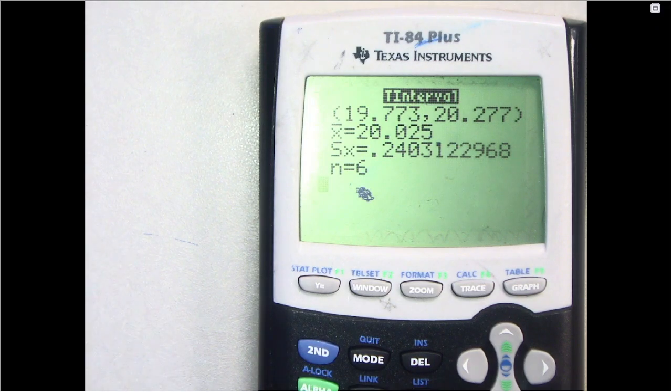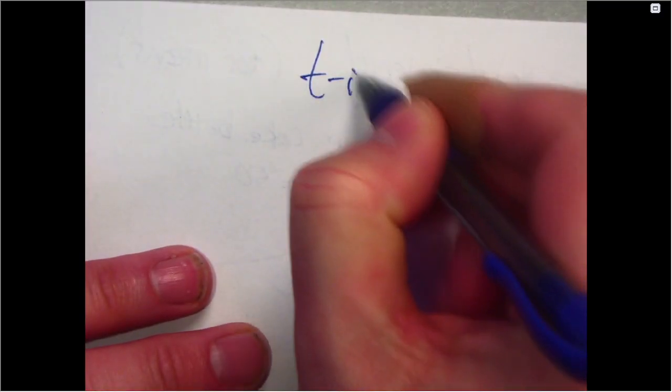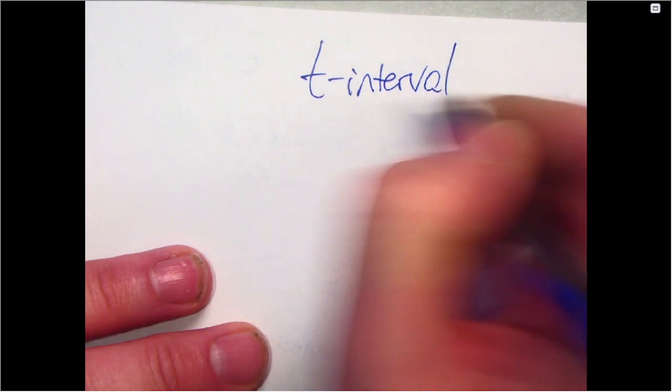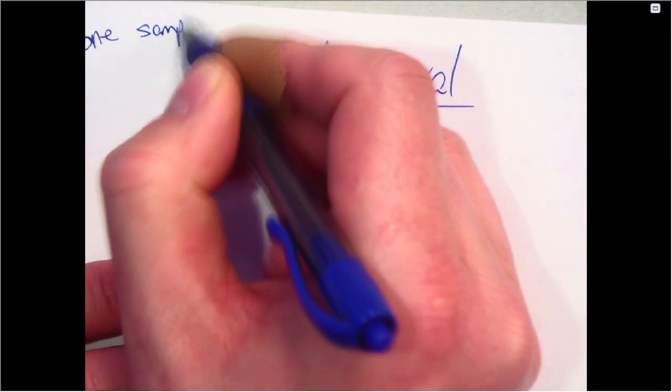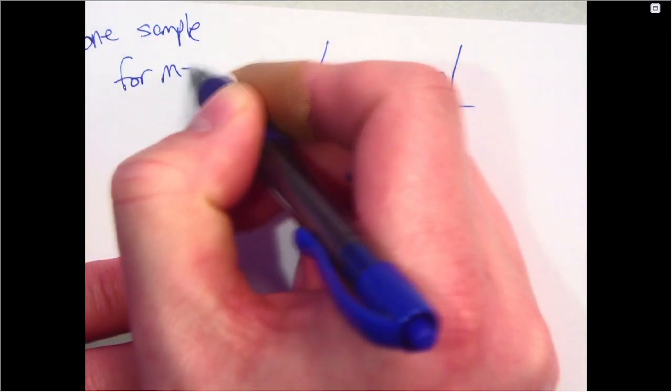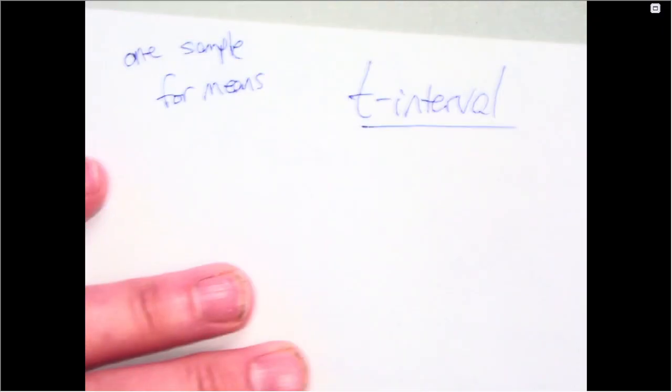Alright, let's do a template. This is a t-interval. It is one sample. It is for means. And this is our template.